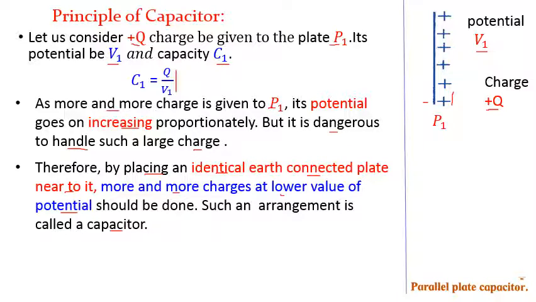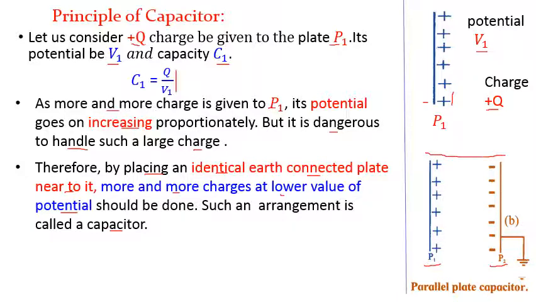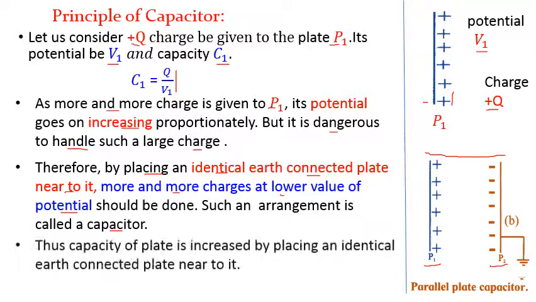I will explain this using this diagram. Imagine this is our original plate P1 on which positive charges are there. We have to place another identical plate, but it is connected to the earth, means outer surface is connected to the earth to reduce potential, and this arrangement is called a capacitor.